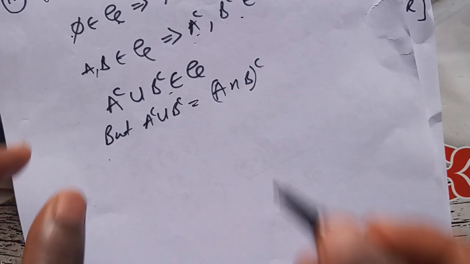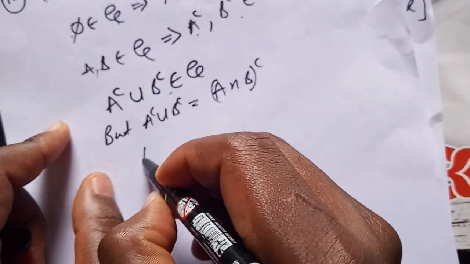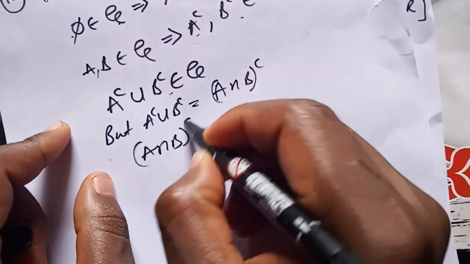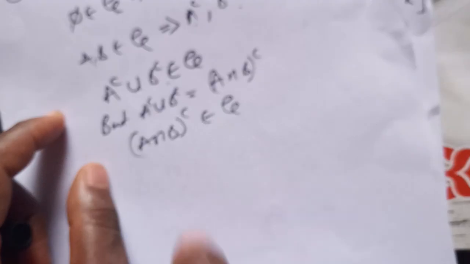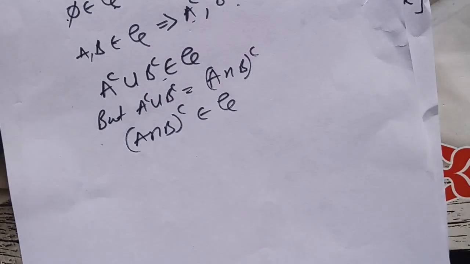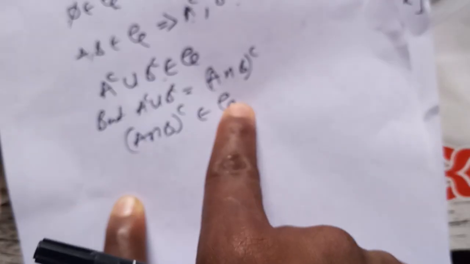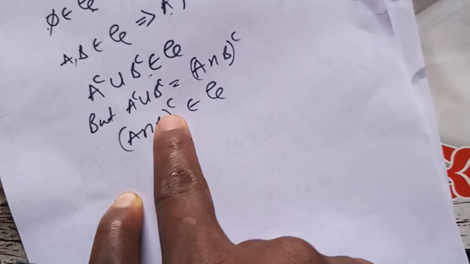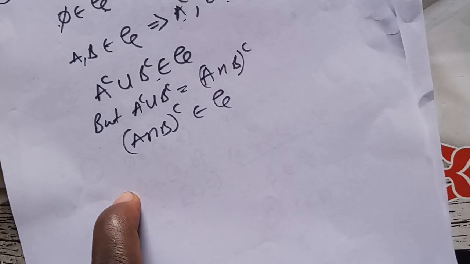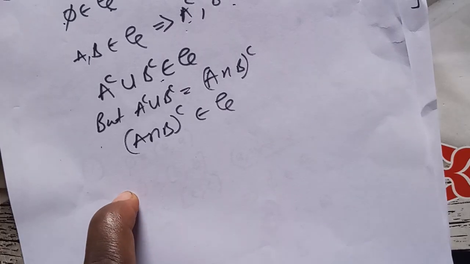So what does this actually imply? This implies that the complement of A intersect B is in the algebra. Now look at this. If this is in the algebra, it means that the complement of this thing you are seeing here is also in the algebra by the second property: if E is in the algebra, then E complement is in the algebra, right?